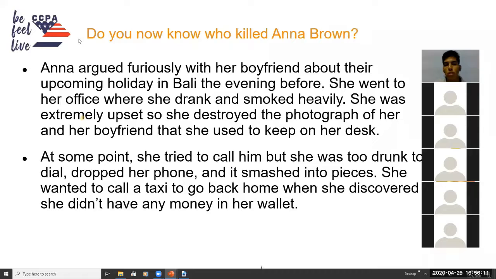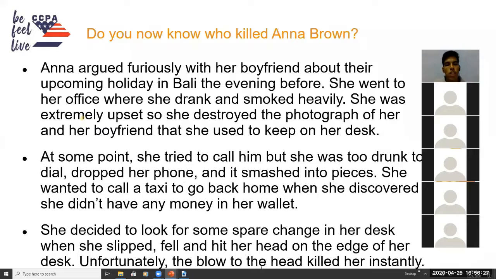At some point, she tried to call him, but she was too drunk to dial, dropped her phone, and it smashed into pieces. She wanted to call a taxi to go back home when she discovered she didn't have any money in her wallet. She decided to look for some spare change in her desk when she slipped, fell, and hit her head on the edge of her desk.